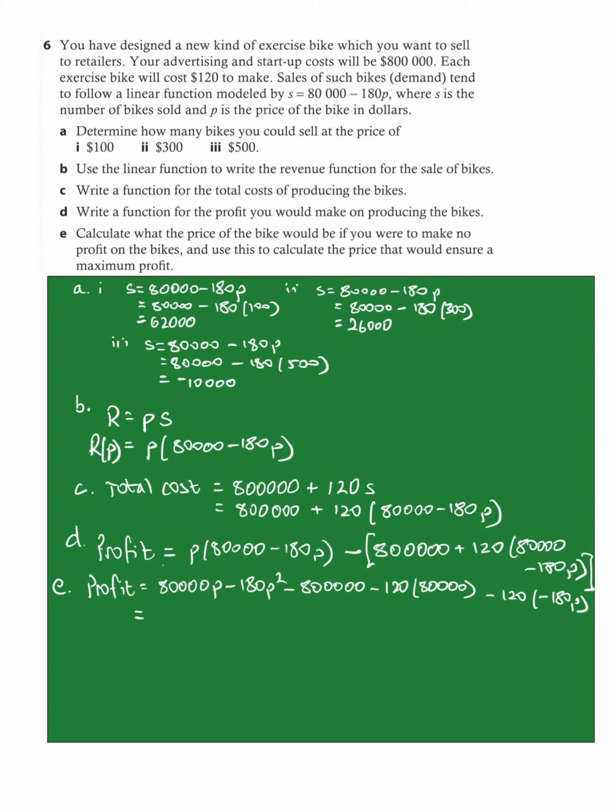That equals, let's see what we've got, like terms here. We've got p, and this one's p. Okay, so let's put those together. Put the p squared in first. We've got minus 180p squared.